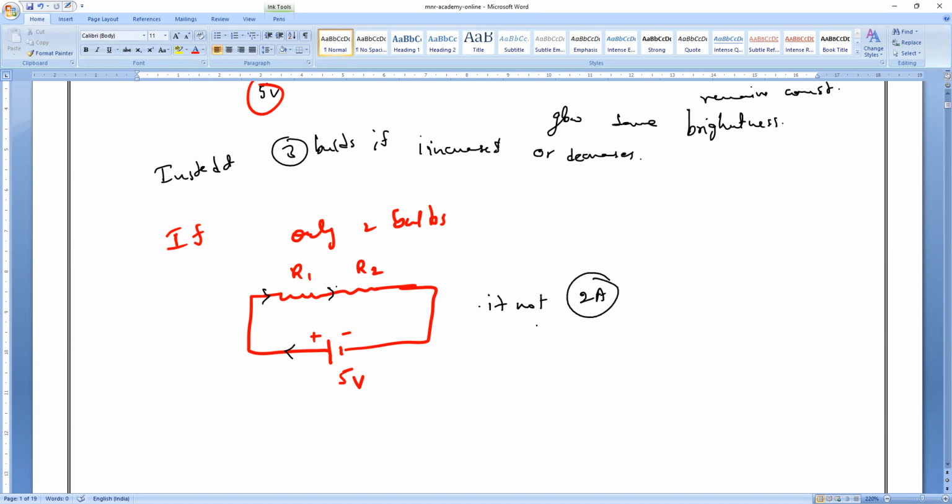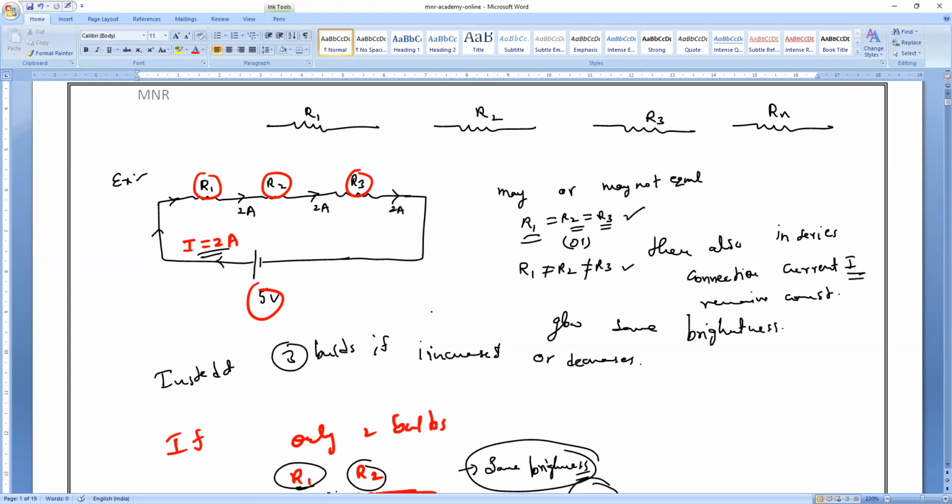Of course, both R1 and R2 glow with the same brightness. But this brightness is not equal to the brightness when three bulbs are connected. So here brightness is same, but these two brightnesses are not equal. That is what you have to remember.